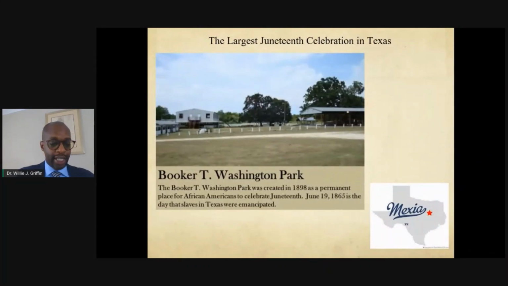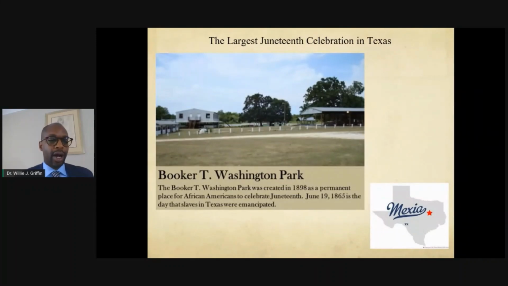The largest Juneteenth celebration in Texas happened in Mexia, Texas. The local Juneteenth organization purchased what was Booker T. Washington Park, and it became the Juneteenth celebration site in 1898. There are accounts of Juneteenth activities being interrupted and halted by white landowners demanding that their laborers return to work.